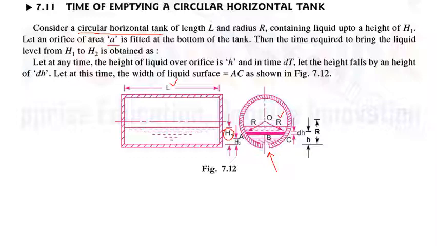Okay. So consider at any time dt, the height is h of the water surface and the height is reduced by dh. So the width of the liquid surface is AC at this particular time.